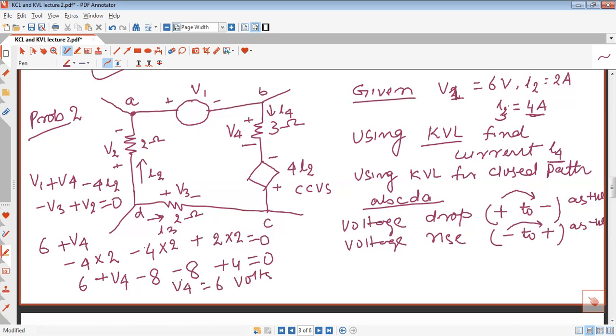Is it correct? 16 minus 16 and plus 10, it will be 6, and 6 goes here, so it will be positive. Now for V4, from Ohm's law again, V4 is I4 multiplied by the resistance 3, equal to 6. So from here we can find the value of I4, which is equal to 2 ampere.